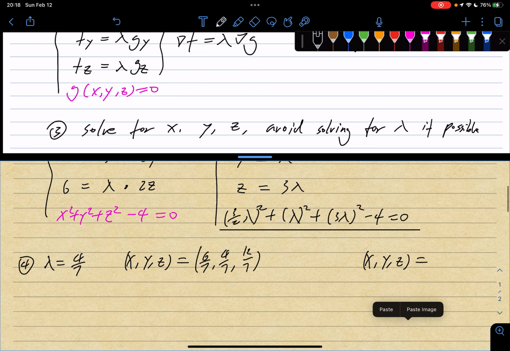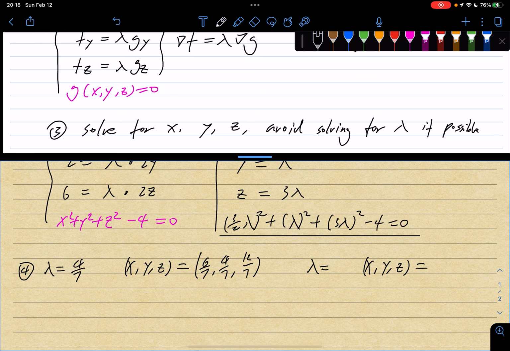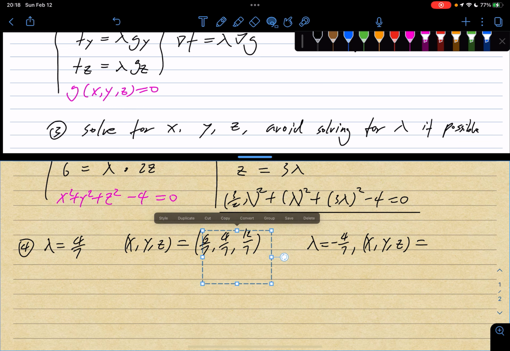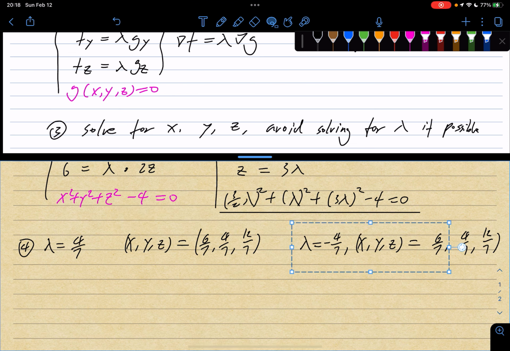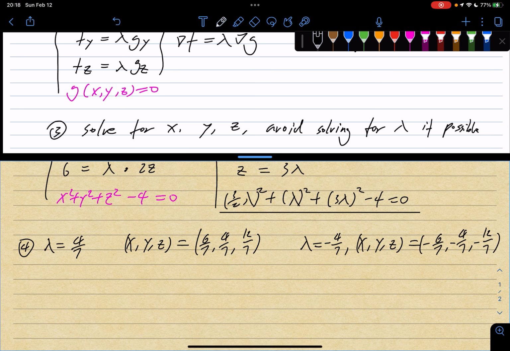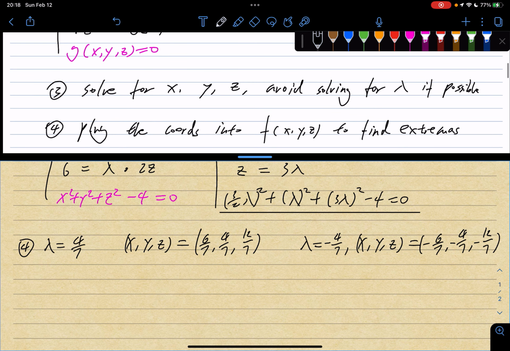And in the case of lambda equals negative 4 over 7, these values are just going to be reversed in sign. Pretty straightforward. And then finally, we're just going to plug these coordinates into the function expression itself to find the extrema.